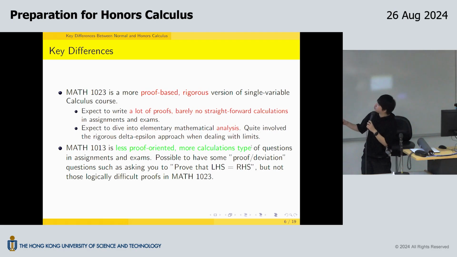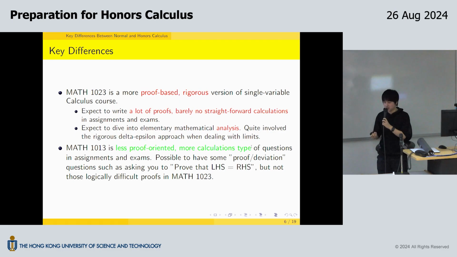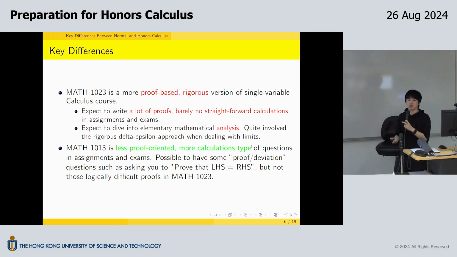Those belong to this kind of derivation question. But these questions are not the logically difficult proofs in Math 1023. The proof in Math 1023 is not straightforward. It might be divided into several steps, and it might require some creativity and insight into the questions.